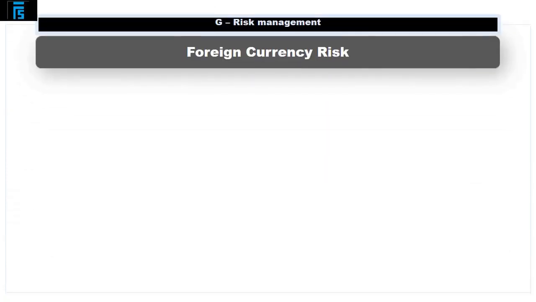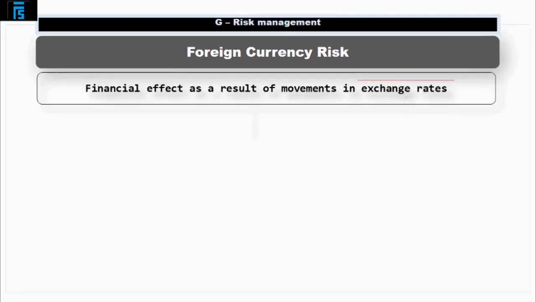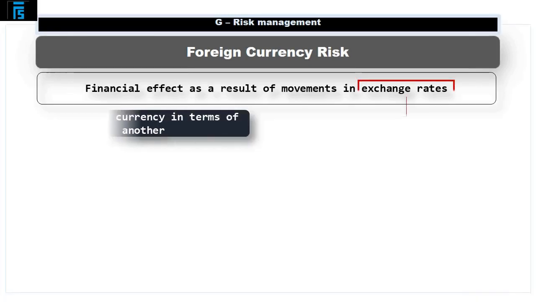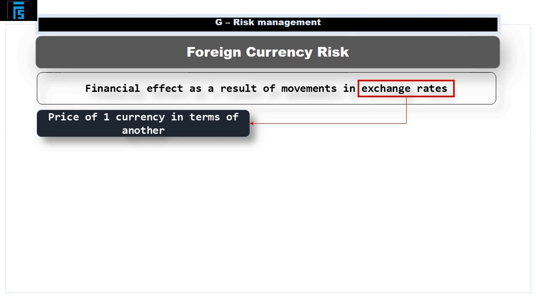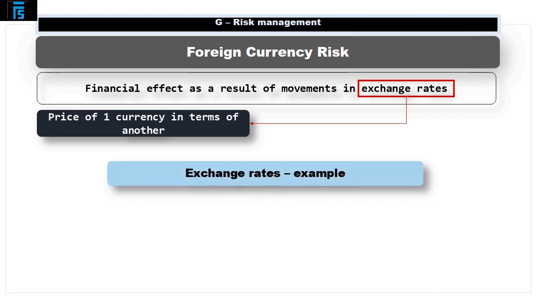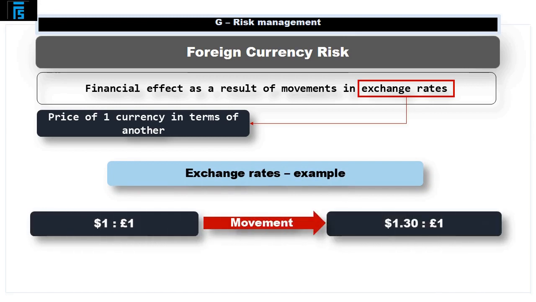First of all, foreign currency risk. Foreign currency risk includes the way we are financially affected as a result of movements in exchange rates. An exchange rate is simply the price of one currency in terms of another. So, for example, an exchange rate may move from $1 to £1 to $1.30 to £1.